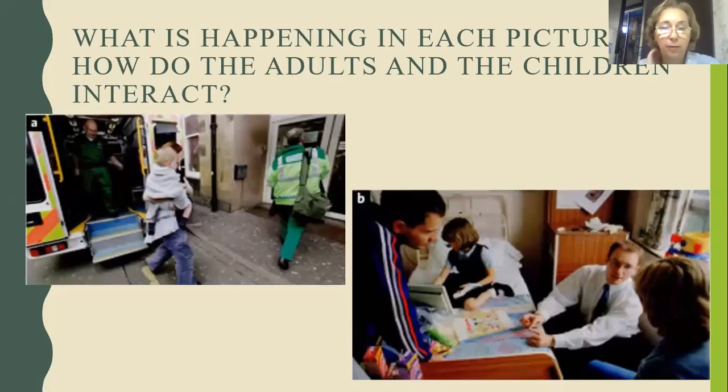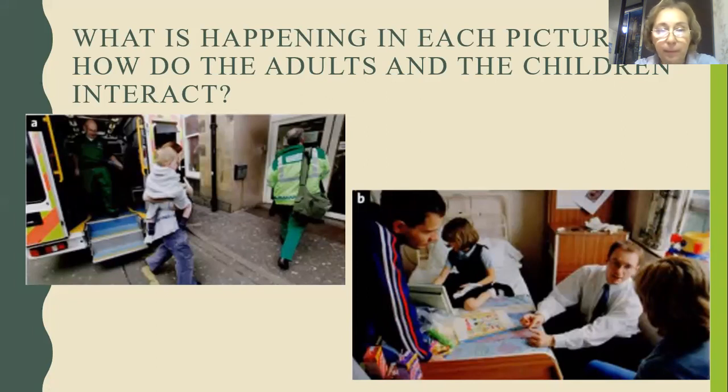And here on the first slide, you can see 2 pictures. The question is, what is happening in each picture? And how do the adults and children interact? So who would like to describe?